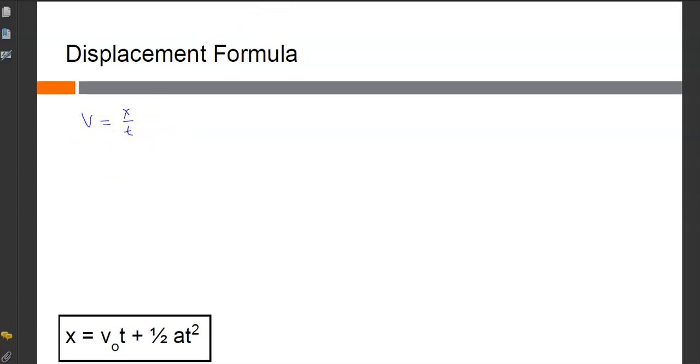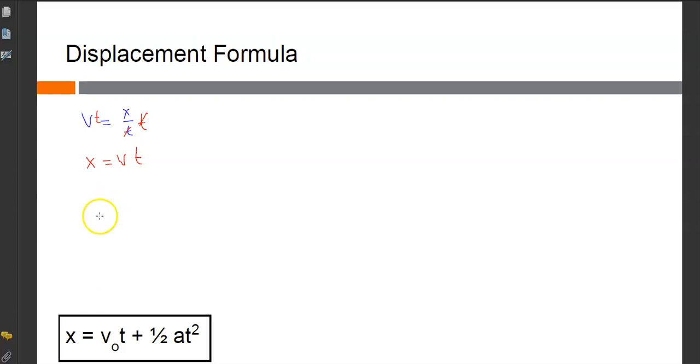I'm going to multiply the right-hand side by t, and I want to multiply the left-hand side by t to keep everything balanced. And you see that the t on the top cancels the t on the bottom, and I've got this expression right here. Let me spin that around for you. x equals vt, like that.